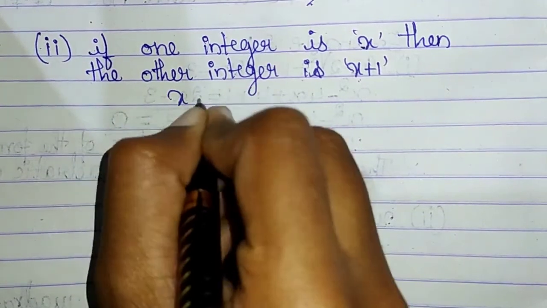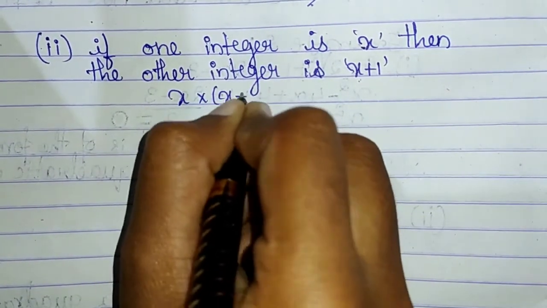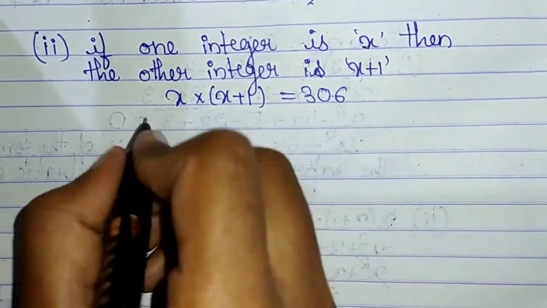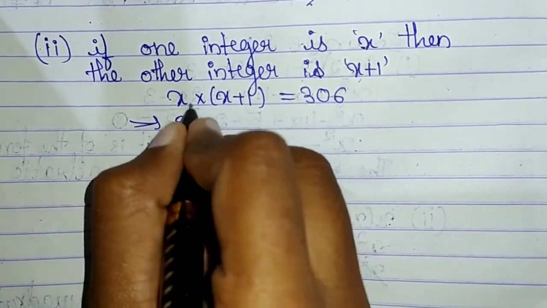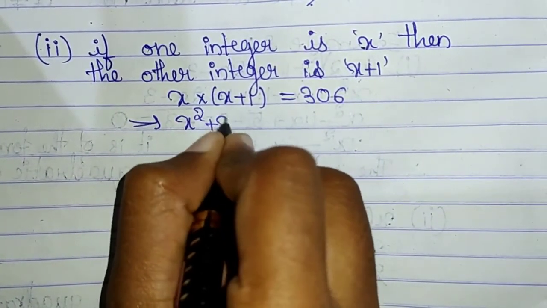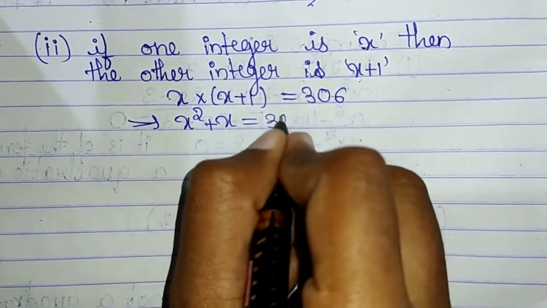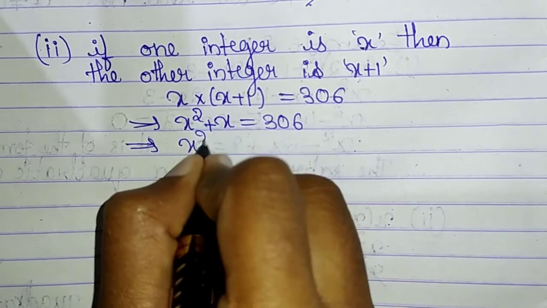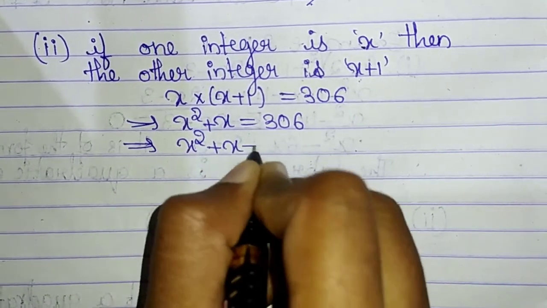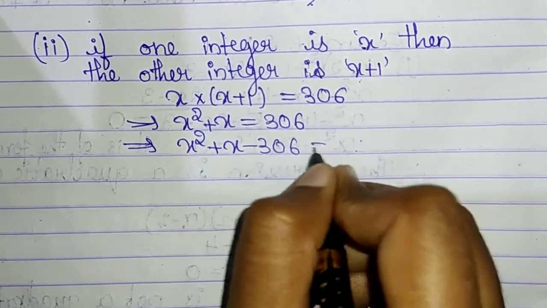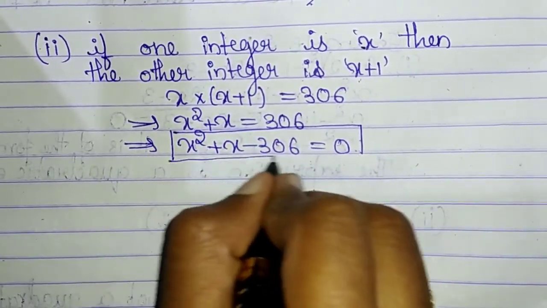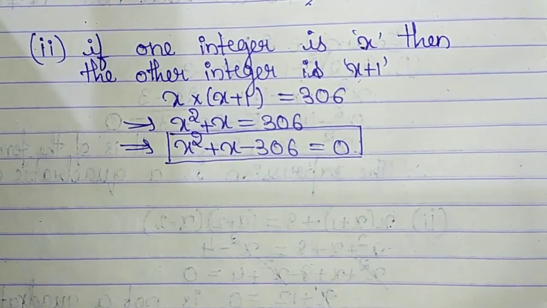So x into (x + 1) = 306. So this implies x^2 + x = 306. On transposing we get x^2 + x - 306 = 0. This is the required equation for the given situation.